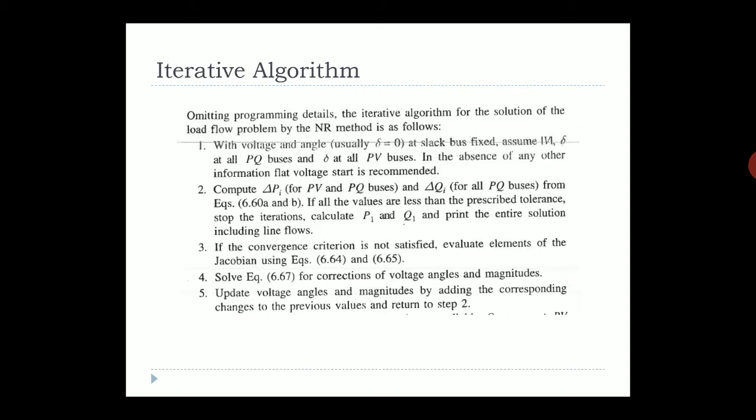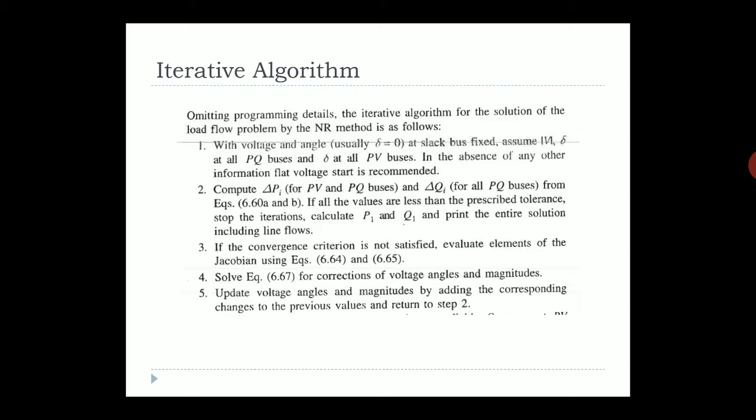Assume the modulus of V and delta at all PQ buses and delta at all PV buses. Since at a PQ bus the V and delta are not known, before our study we start by assuming the value of modulus of V and the delta at the PQ buses, and at the PV buses only delta is assumed. Okay, then we compute delta P for PV and PQ buses and delta Q for all PQ buses.